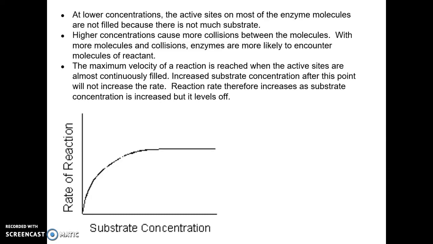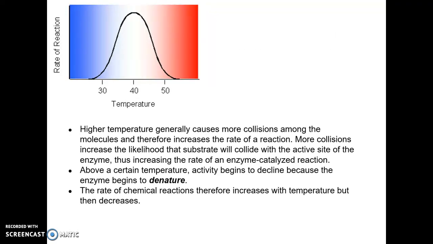And that constant is defined by the affinity of the substrate for the active site and the disaffinity of the product for the active site. And so the on rate and off rate of substrate and product, respectively, from that active site are going to define the Michaelis-Menten constant. So how are temperature and pH going to affect the rate of reaction?